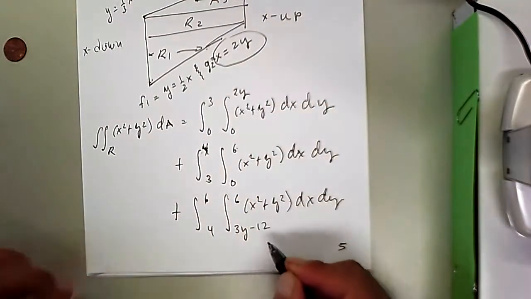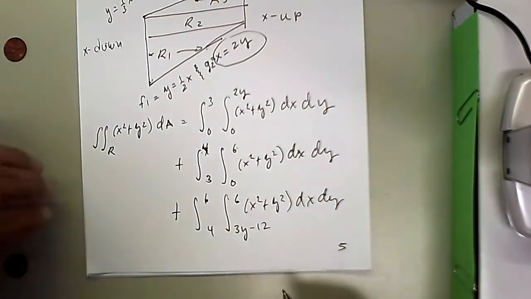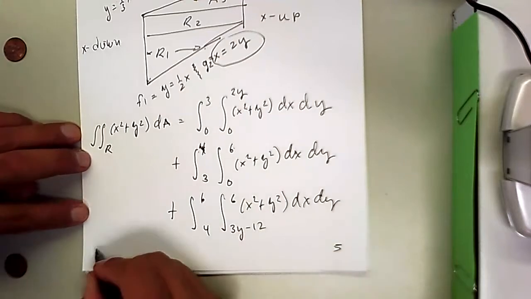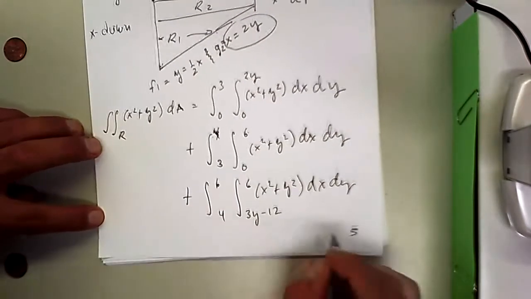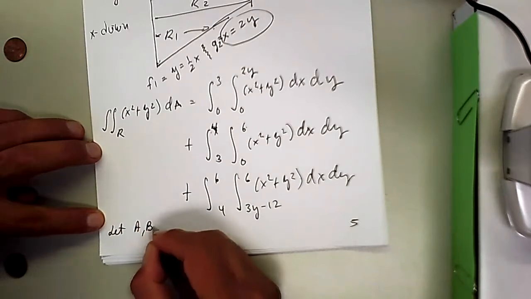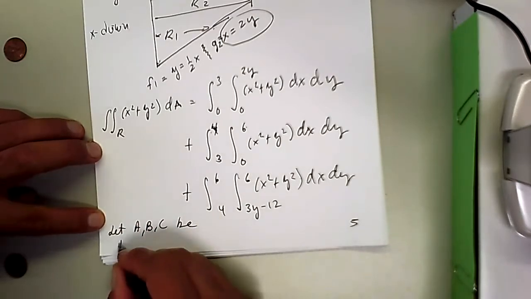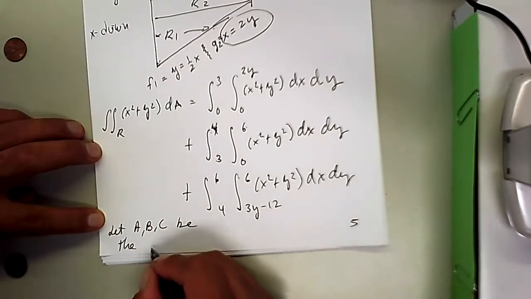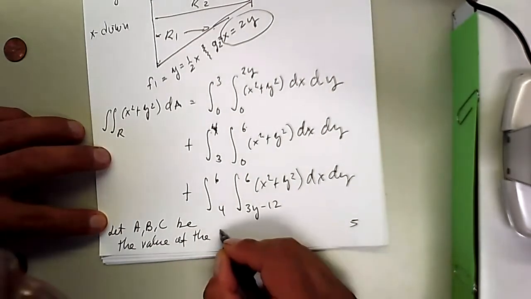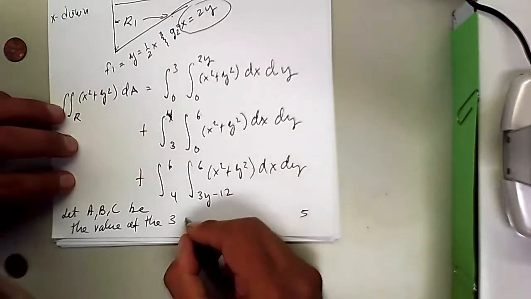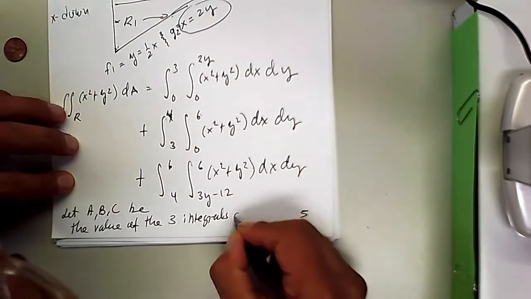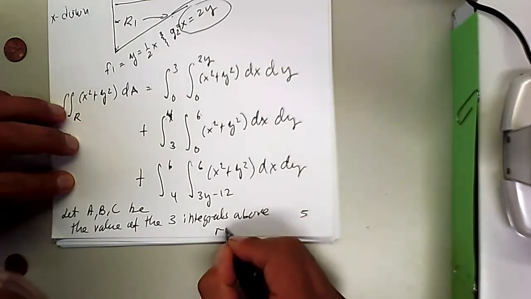Because we're going to work with three pretty difficult integrals, I'm going to break this up into three cases. So I'm going to make this a little formal. Let A, B, C be the values of the three integrals above, respectively.